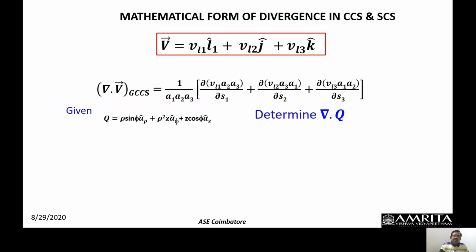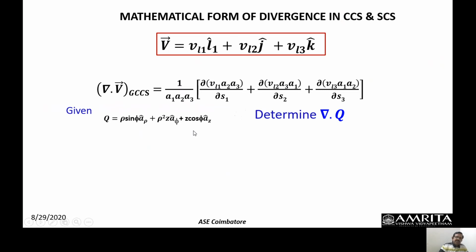What is represented in the bracket are the components of this vector function. If I were to evaluate this, let us see what the next step is. The next step is to find A1, A2, A3. First find out those values and write them down. Recognize that the given vector function is in the cylindrical coordinate system.